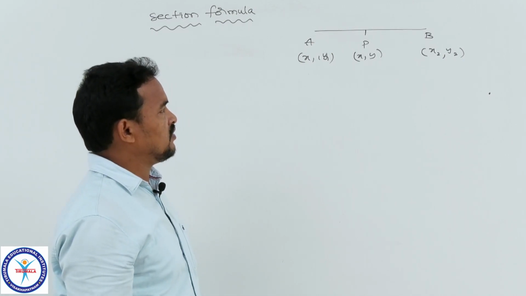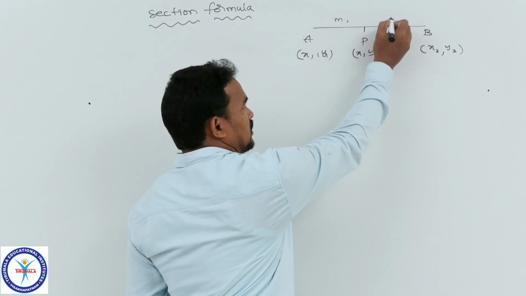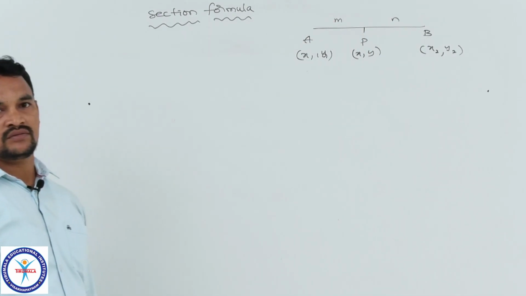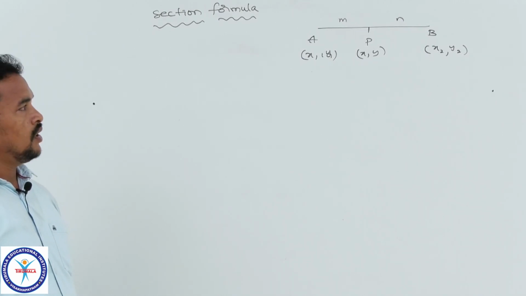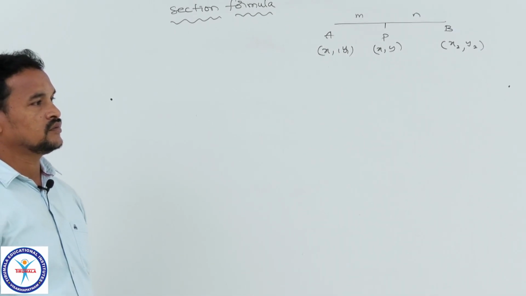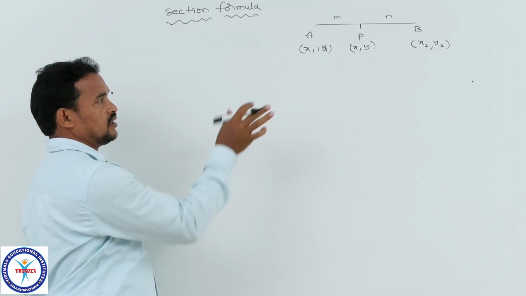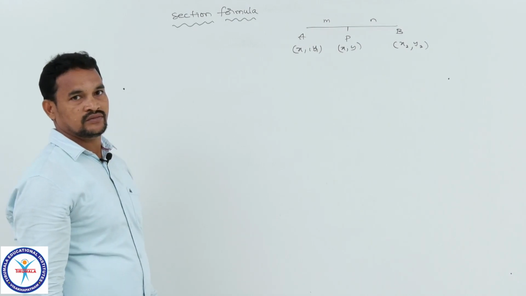The point P can divide the line segment AB in the ratio m is to n. Then how to find the coordinates of point P? Here P can divide AB in the ratio m is to n. Here see, P may lie inside AB or sometimes it is exterior to AB.